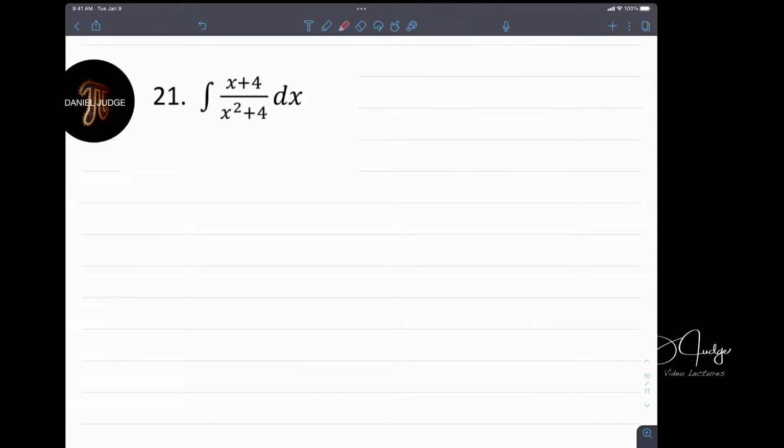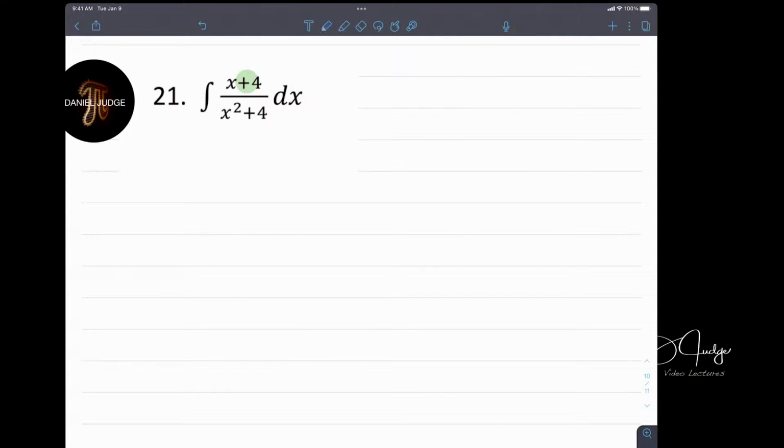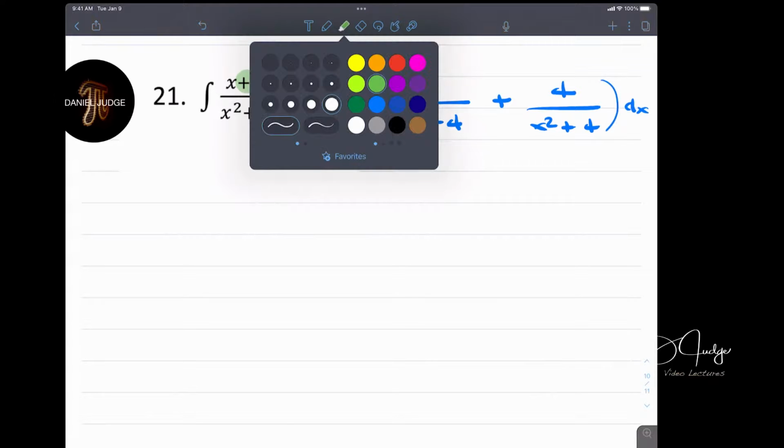Notice you have a numerator here that's composed of a sum now. Okay, it's a sum of two functions. So what I'm going to say is you can write this as x over x squared plus 4 plus 4 over x squared plus 4, and that'll be dx. Okay, so we're going to use properties of integrals here.